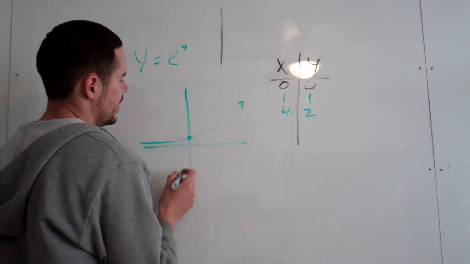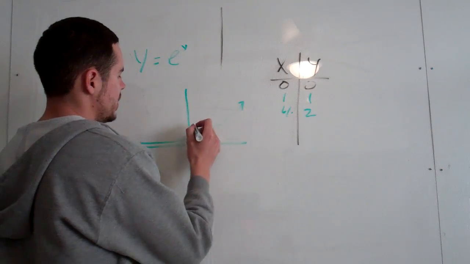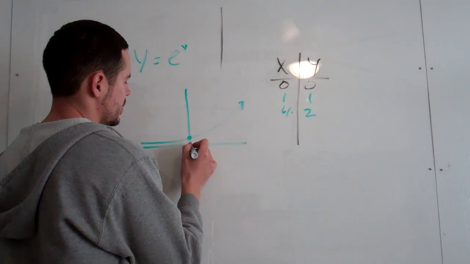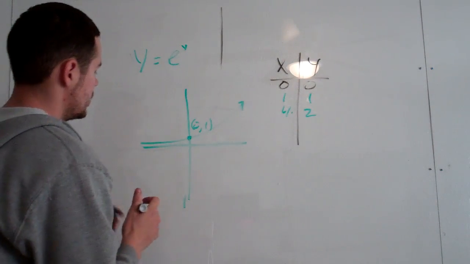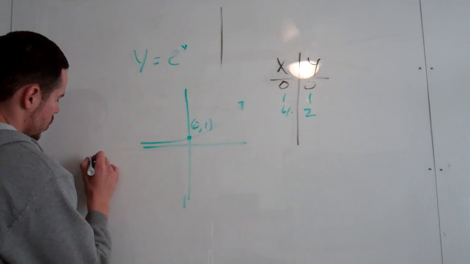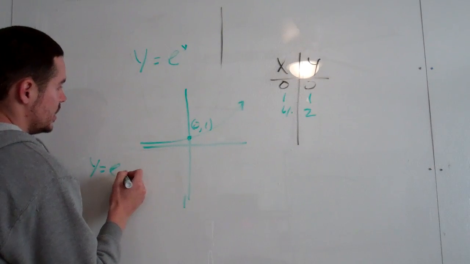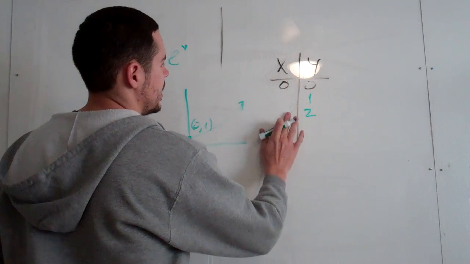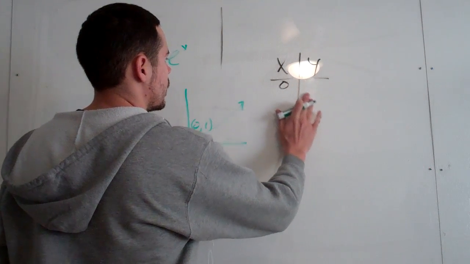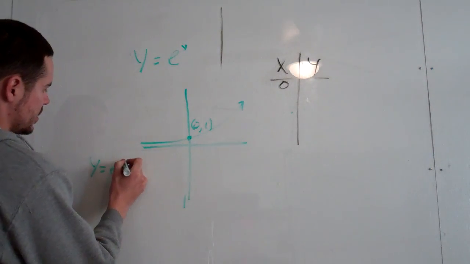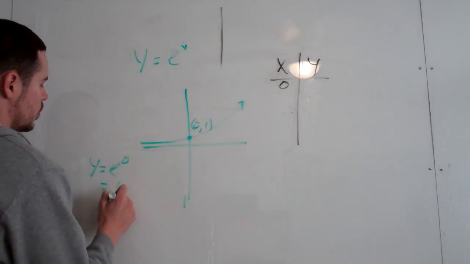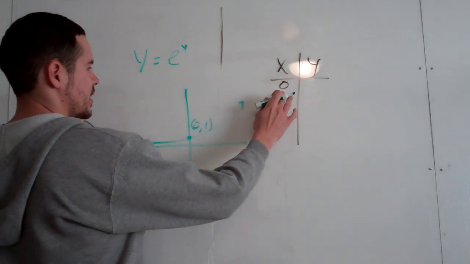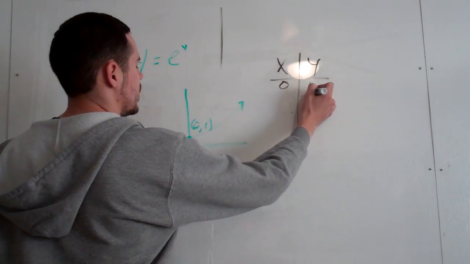And at this point right here, x is 0, y is 1. Because if we say y is equal to e to the x, and x is 0, so then we plug in our 0 right there, well, e to the 0 is equal to 1. So at x is 0, y is 1.